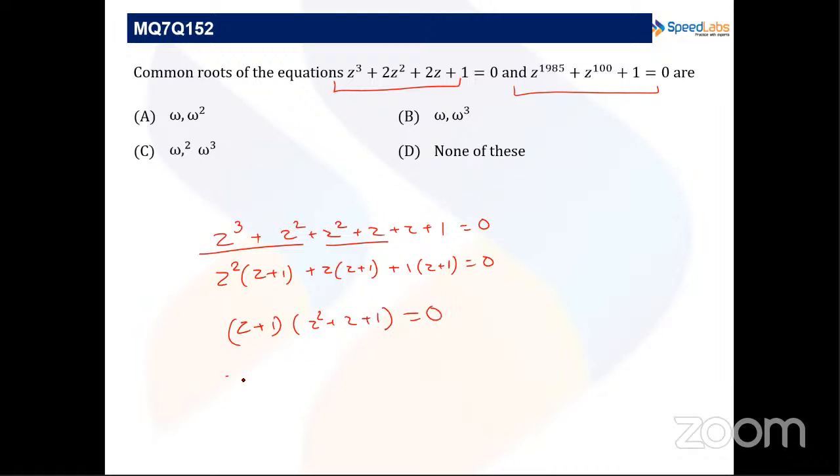Now from here we are getting either z equals minus 1 or z equals omega and omega square. So the three roots are minus 1, omega, omega square.